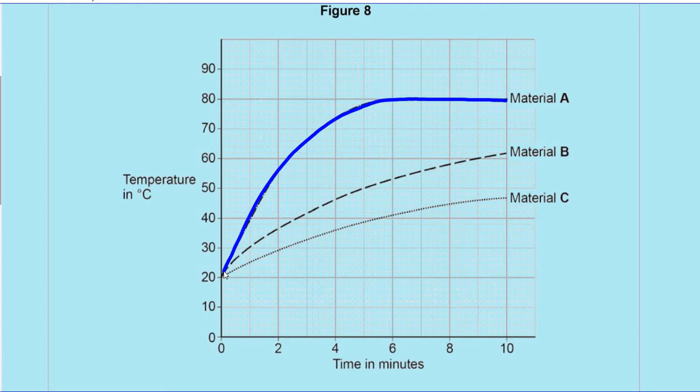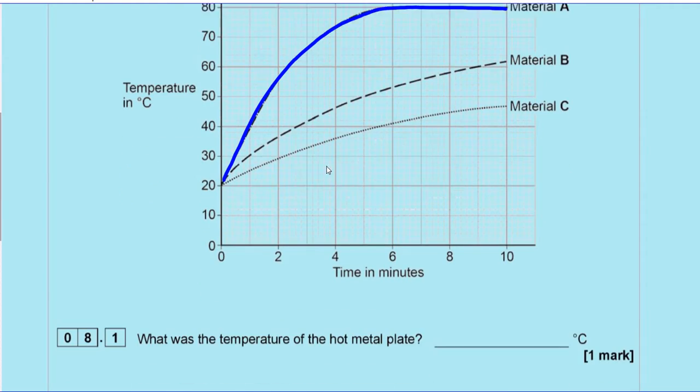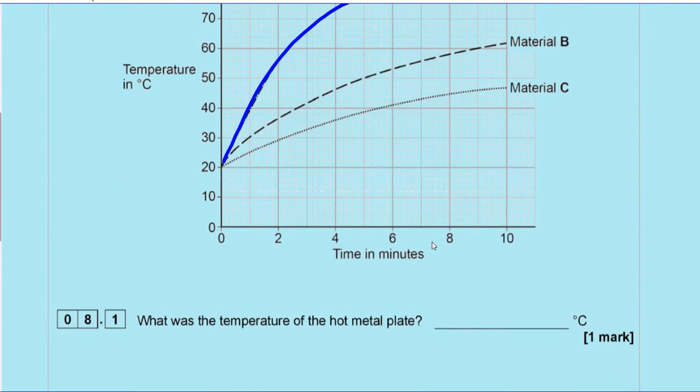Neither of the other 2 materials reaches a constant temperature, neither of the other 2 gets as high as 80. So the conclusion from that is that the hot metal plate must be at 80 degrees. That is the only thing that makes sense there.